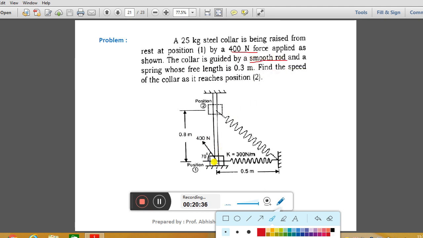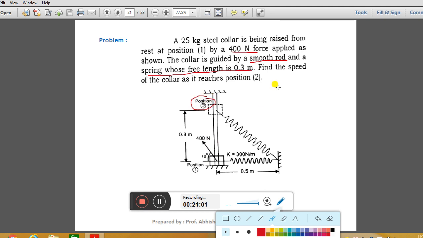The collar is guided by a smooth rod. That means there is no friction, so there is no need to calculate the work of a frictional force. And the spring has a free length of 0.3 meters. Now the collar is guided by the smooth rod and it will occupy position 2.